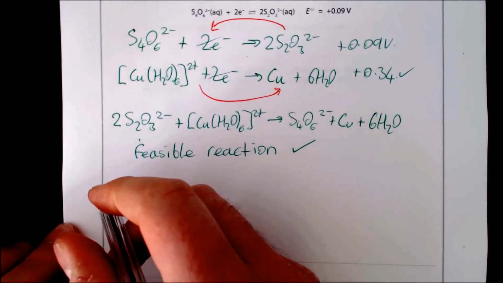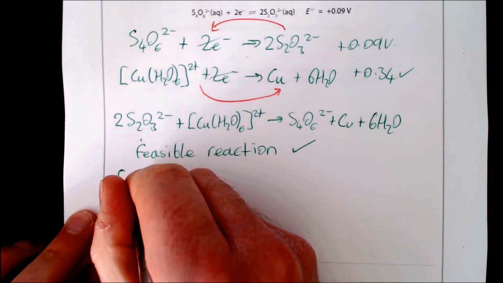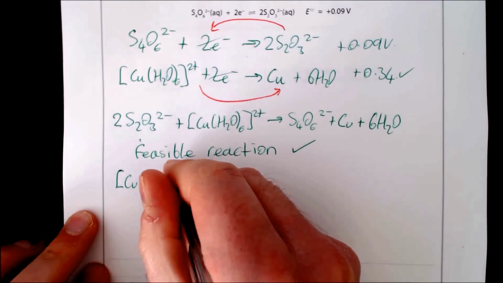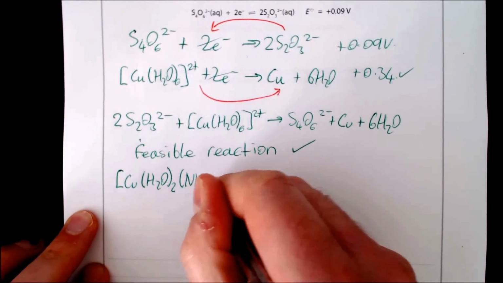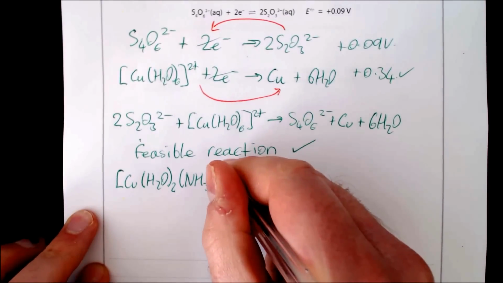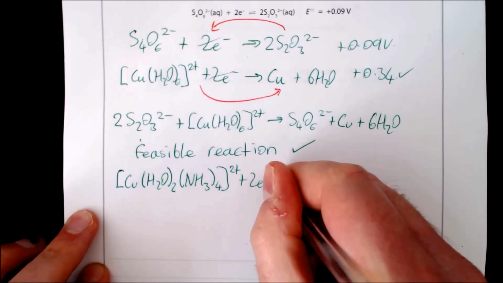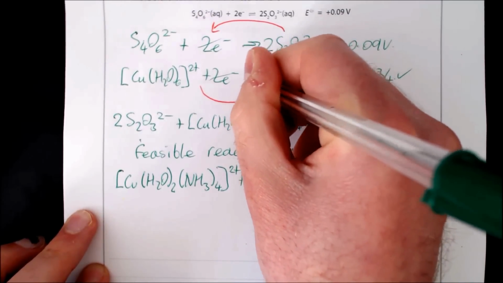The first one was the copper one, sorry. So we're going to put Cu, H2O, 2 of them, NH3, 4 of them, 2+ plus 2 electrons. These are big equations. These should be reversible, by the way.